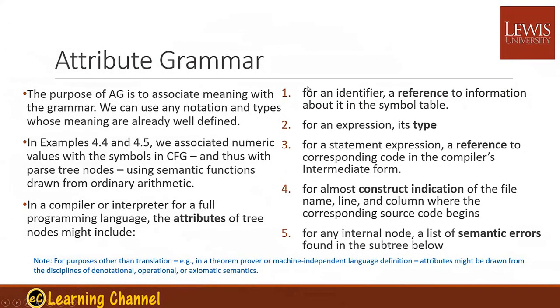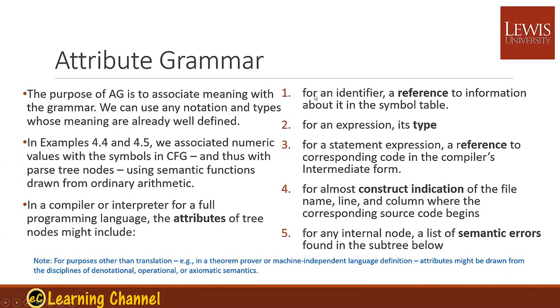So attribute grammar, here are some guidelines for it. The purpose of AG is to associate the meaning with the grammar. We can use any notation you like, type, whatever, verify. Example 4.4, 4.5, we associated numerical value with symbol in CFG. Here, CFG, I think is context-free grammar. Here is not control flow graph.